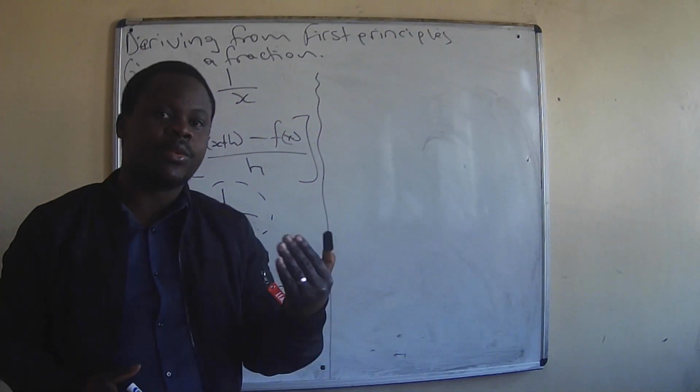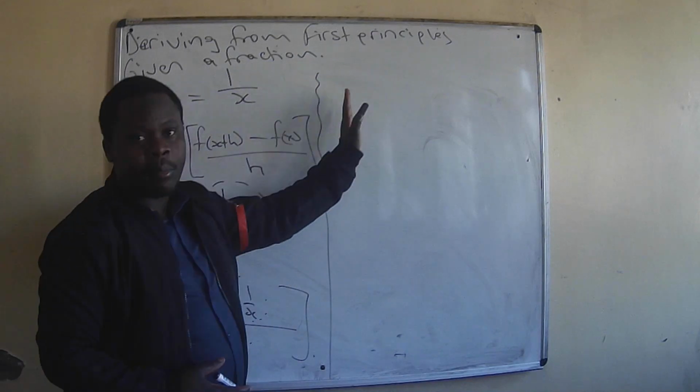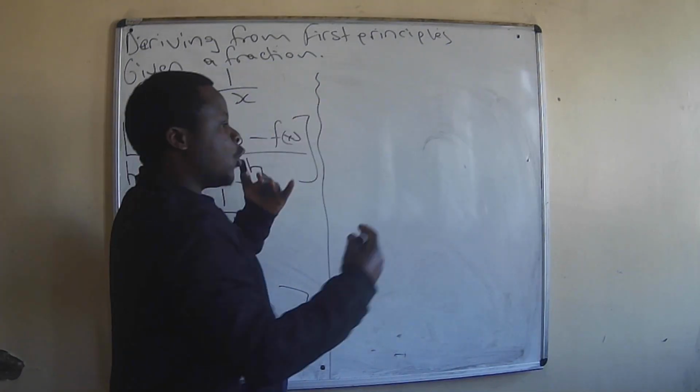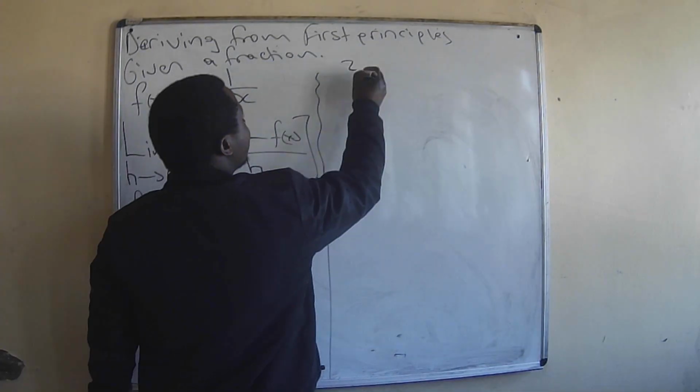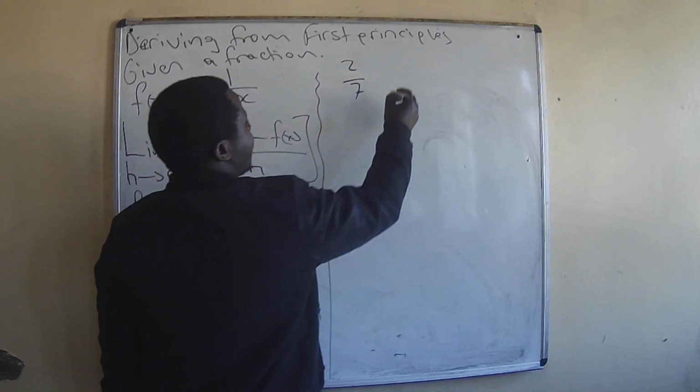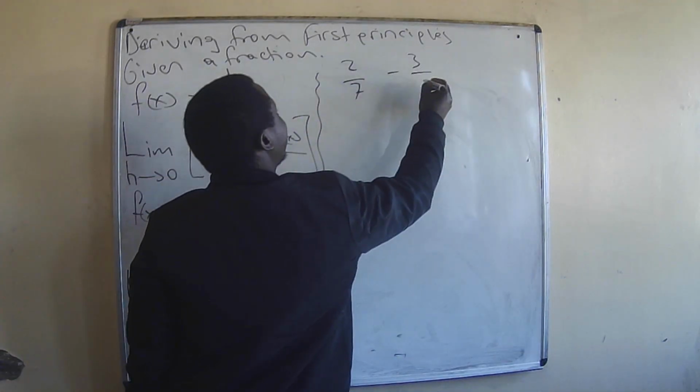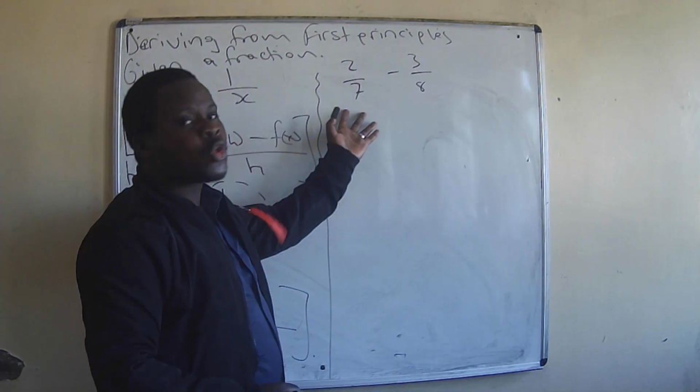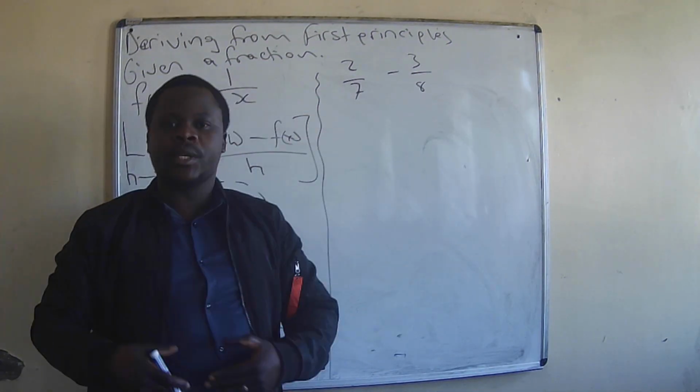Let me just give an example of how we solve fractions. If, for example, you are given 2 over 7, minus 3 over 8, how do you solve this fraction without using a calculator?